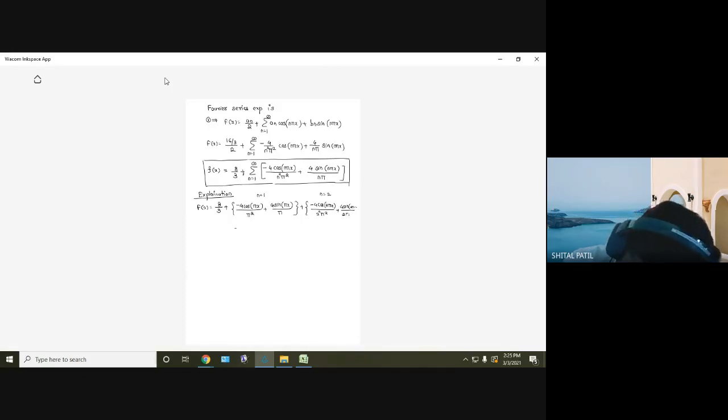Then if I take n equal to 3, I will have minus 4 cos of 3 pi x divided by 3 square pi square plus 4 sin of 3 pi x divided by 3 pi, and so on.